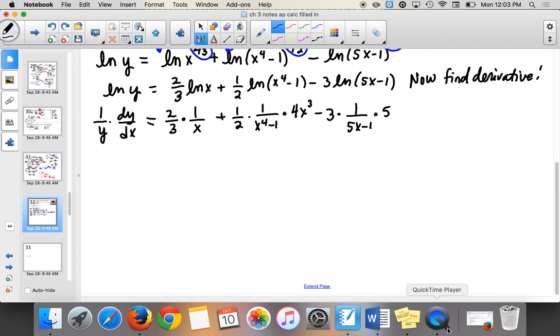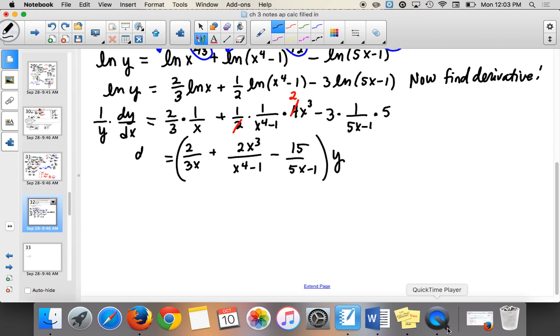And we just clean it up a little bit. So I'm going to do 2 over 3x plus the 4 and the 2 at least reduce down to 2. So I'm going to have 2x cubed all over x to the 4th minus 1 minus 15 over 5x minus 1. And that's all equal to 1 over y times dy over dx. So at the very end, I just multiply the y over.